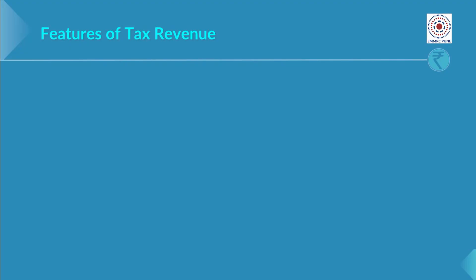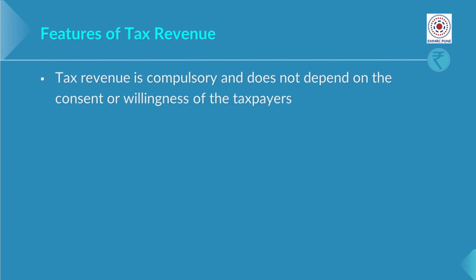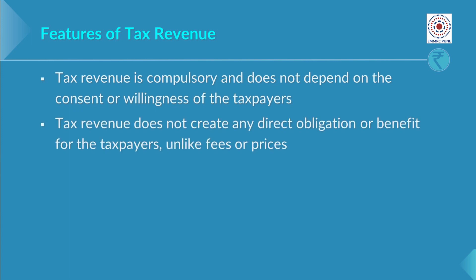Here are some features of tax revenue. Tax revenue is compulsory and does not depend on the consent or willingness of the taxpayers. Tax revenue does not create any direct obligation or benefit for the taxpayer, unlike fees or prices.